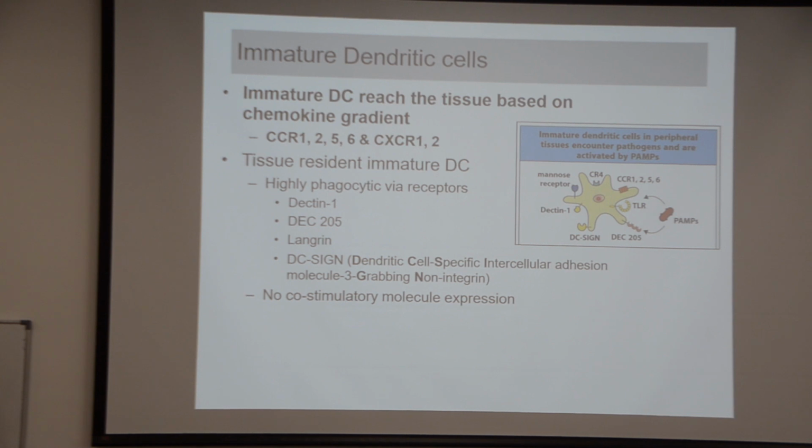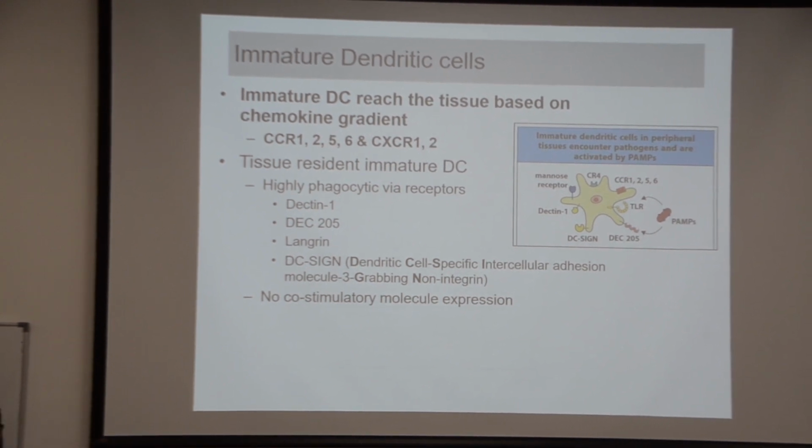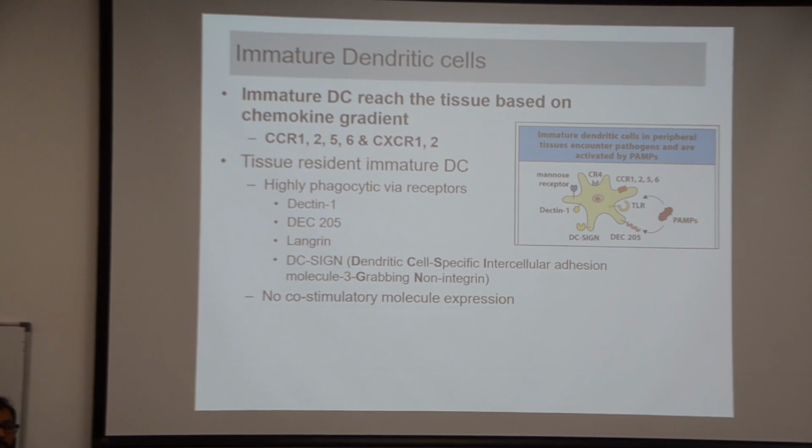Low-grade phagocytosis. But the moment their toll-like receptor or DC-SIGN or DEC205, any of these receptors that recognize pathogens, is engaged, they stop further phagocytosis. Why? Because they need to express on the surface the pathogenic antigen as compared to the self-antigen.